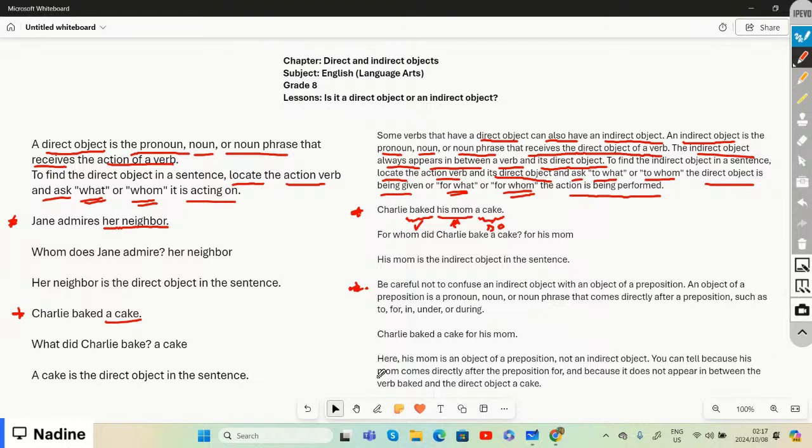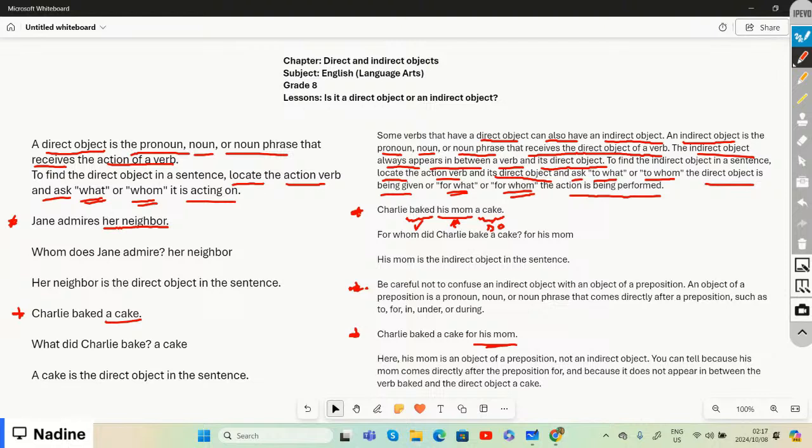And if we look at an example of an object of a preposition, which comes immediately after a preposition, we would say, Charlie baked a cake for his mom. Especially for his mom, that is the object of a preposition.